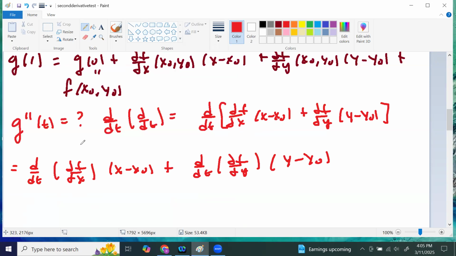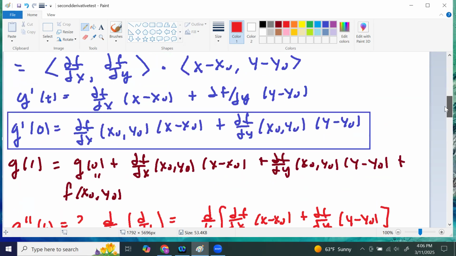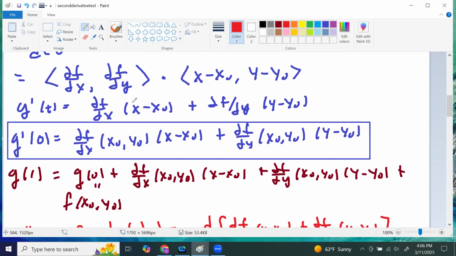But we're using the chain rule in this case with the first partial. And what happens there, that's going to be the partial of x of this times the derivative, in this case since it's of t, times this part right here, because remember, this part here is x prime.